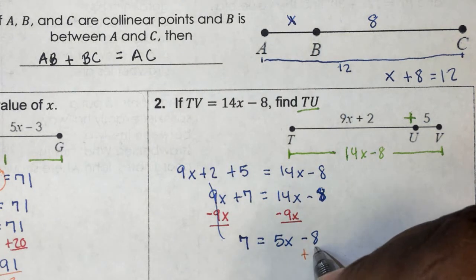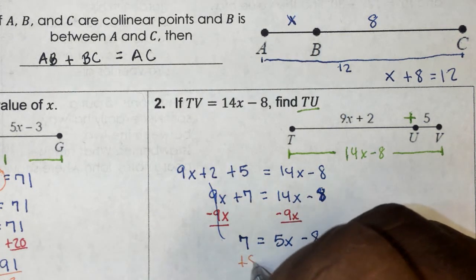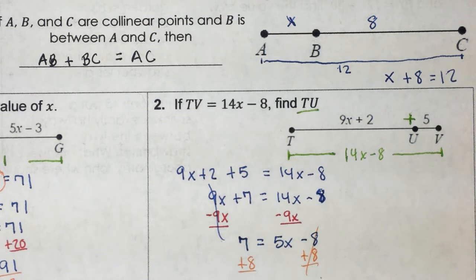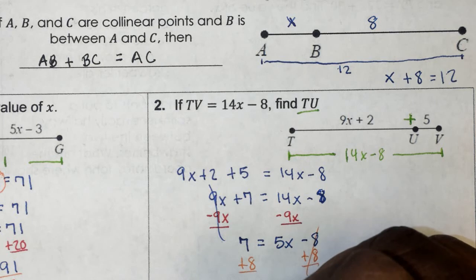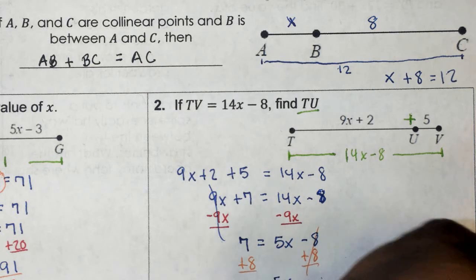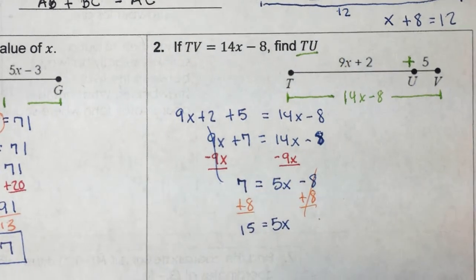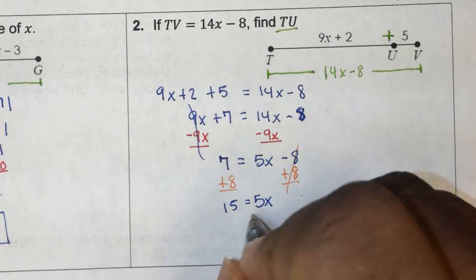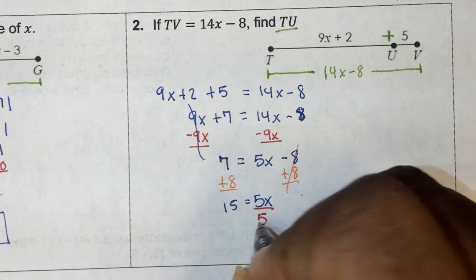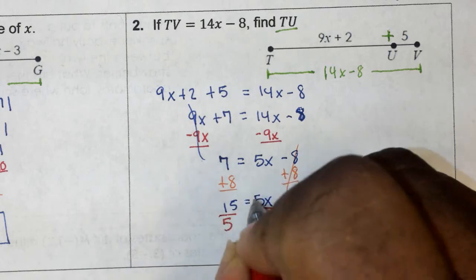Then I need to add 8. Add 8. Cancels. 15 equals 5x. And then the last thing to do is to divide. Divide by 5, divide by 5.